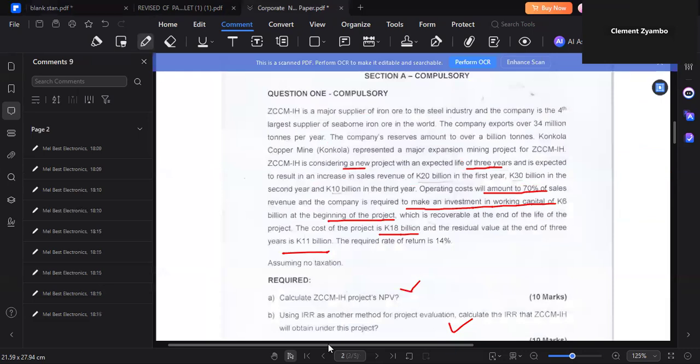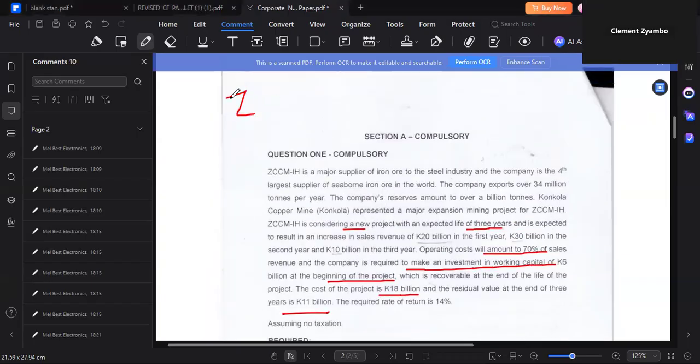So what you are simply saying is that the project cost is 18 million or 18 billion, and the residual value at the end of the 3 years is 11 million. So this is money that you can recover.